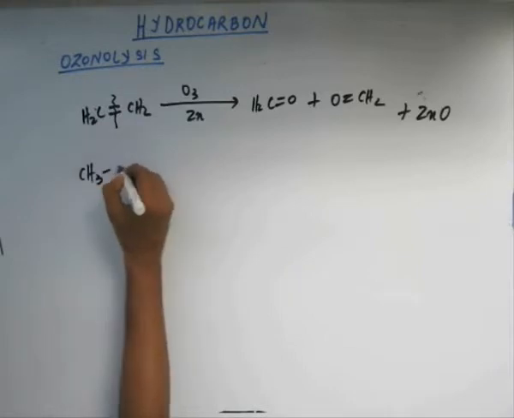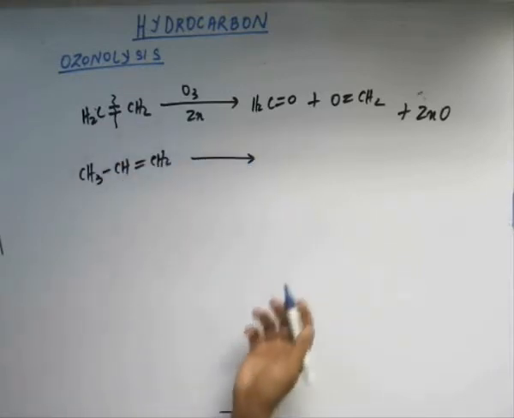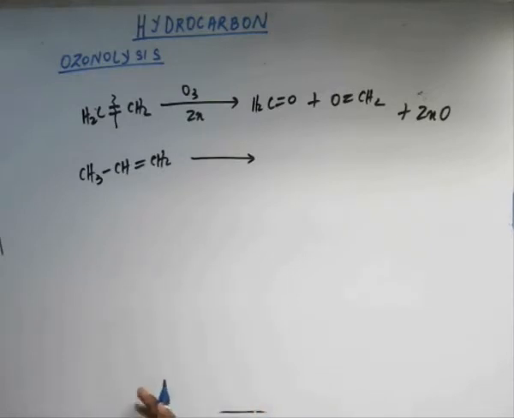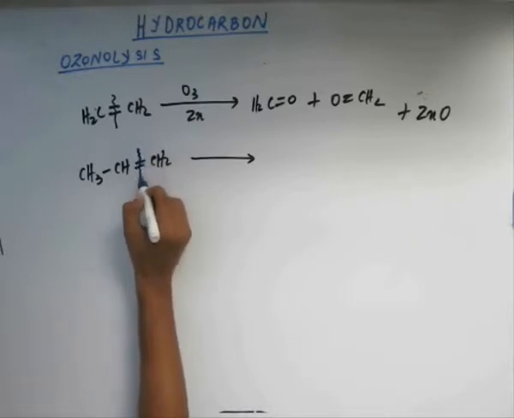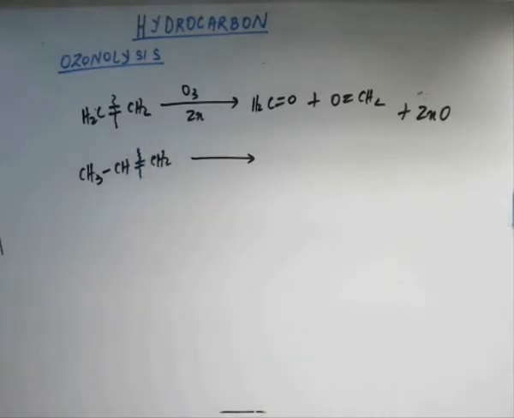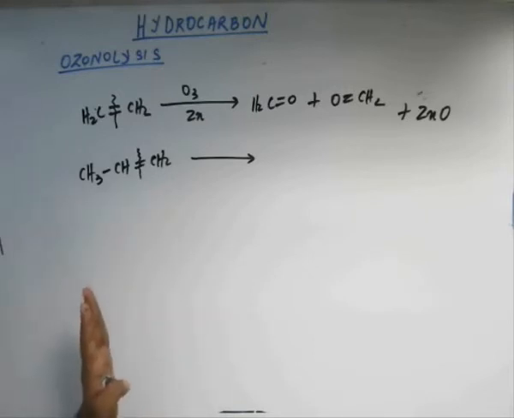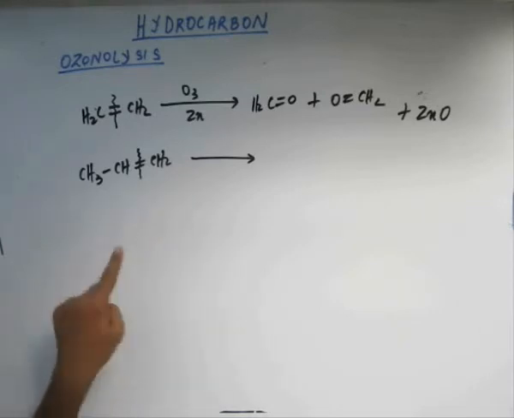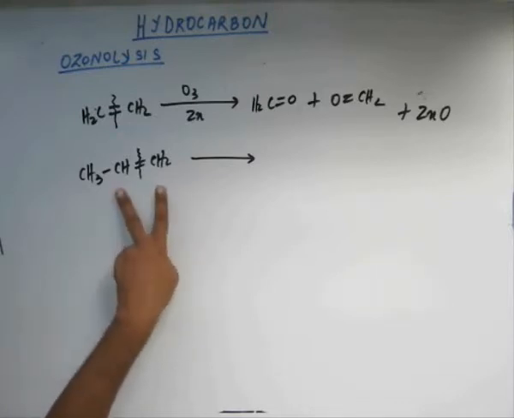Suppose we have propene. Then propene will also follow the same procedure, and you have to start doing it now on paper and be handy with it. You will again do the same thing. You just have to break the pi bond and divide this alkene into two halves on both sides of that pi bond, giving a double bond with oxygen to each of the carbons that was making a double bond with carbon in the pi bond.